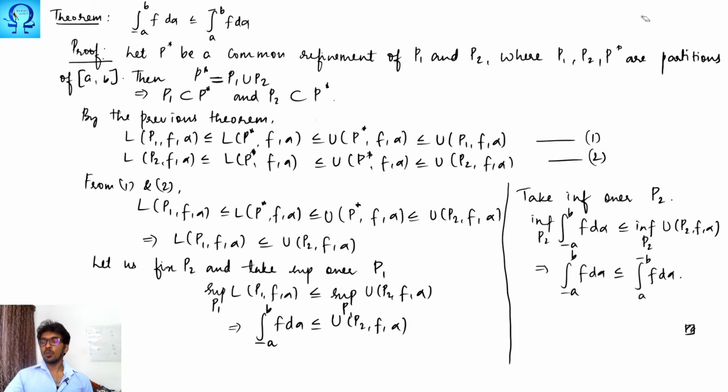Suppose you proceed with the same partition, writing L(P, f, alpha) less than or equal to U(P, f, alpha); if you take the supremum or infimum over the same partition, that affects both sides. That is why we wish to have two different partitions, and hence we may take the supremum over a certain partition and the infimum over another partition. That does not affect the other, right?